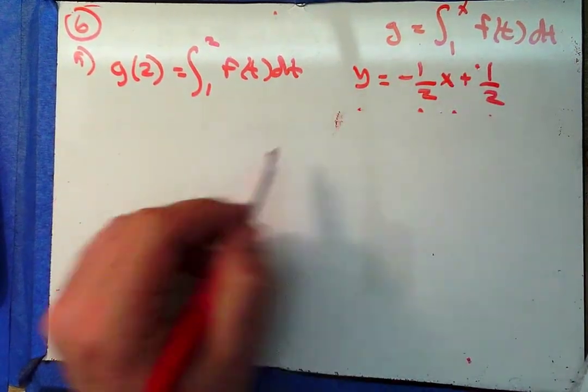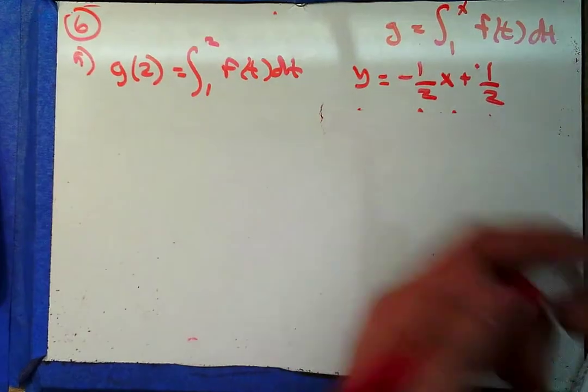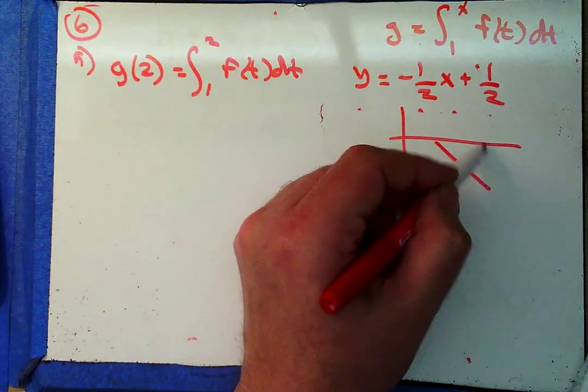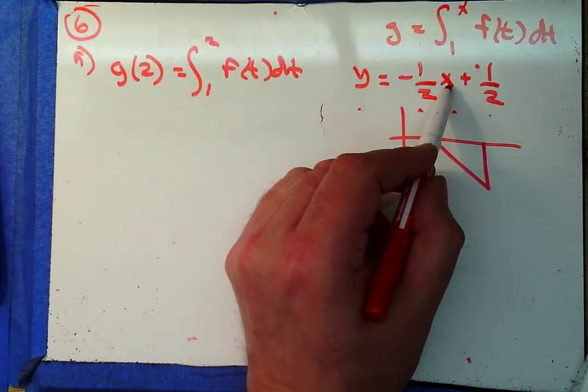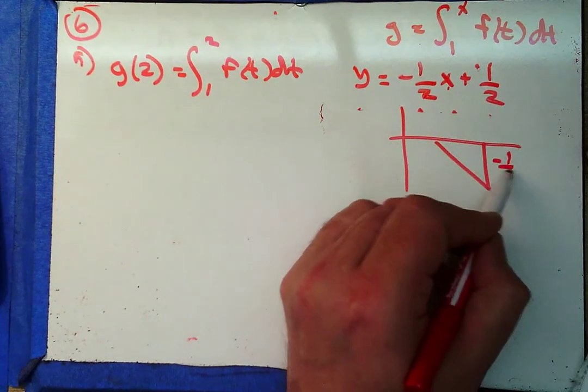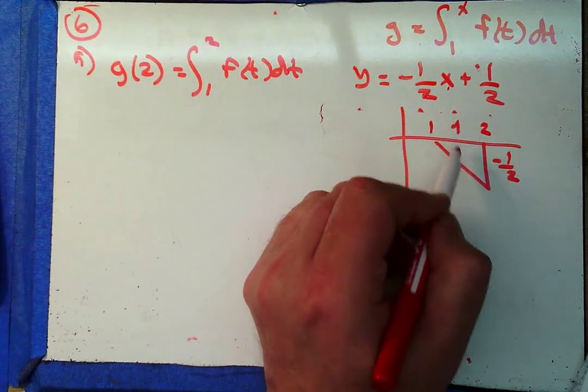This is the thing that I'm integrating from 1 to 2. I guess I could just use the area of a triangle from 1 to 2. If I plug a 2 in here, these 2's cancel. I get negative 1 plus 1 is 0... This is 1, this is 2, so that distance is 1.